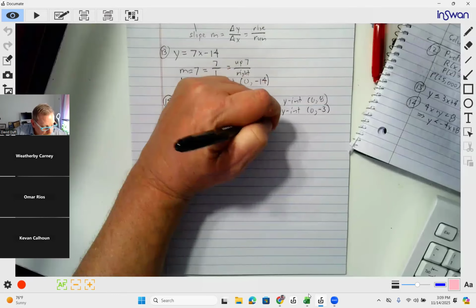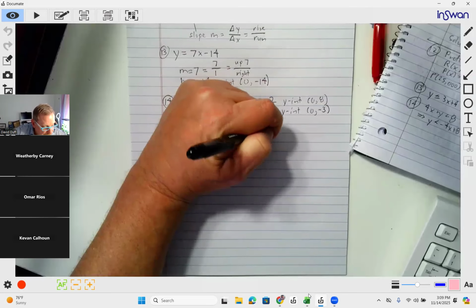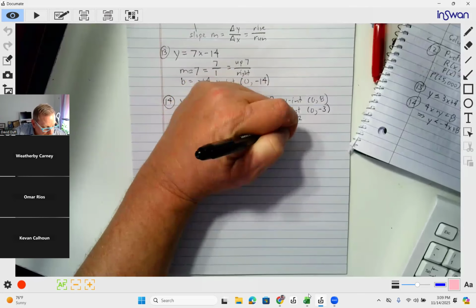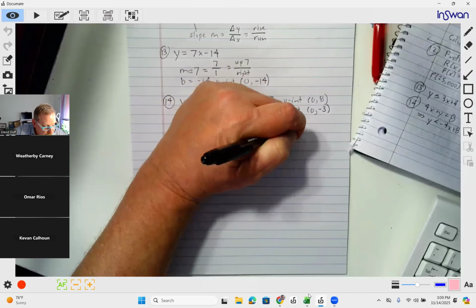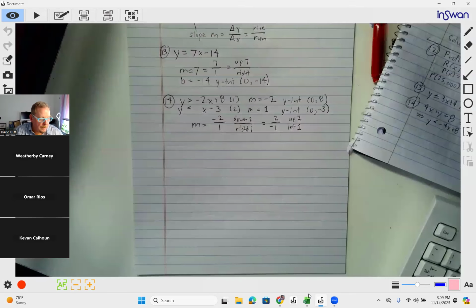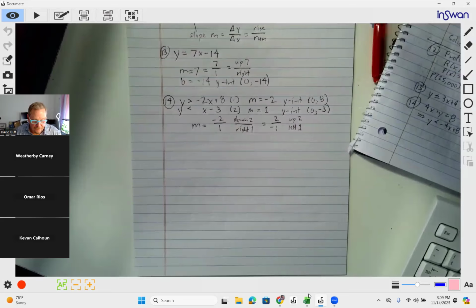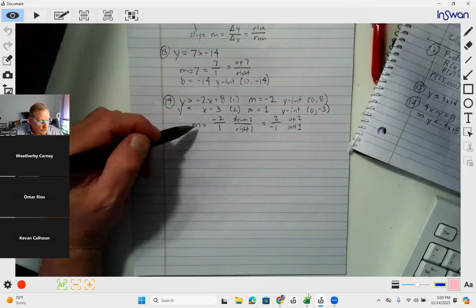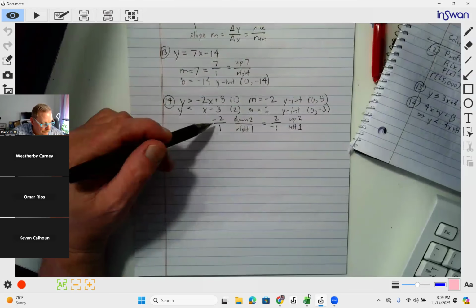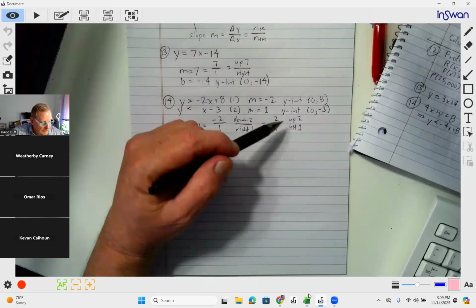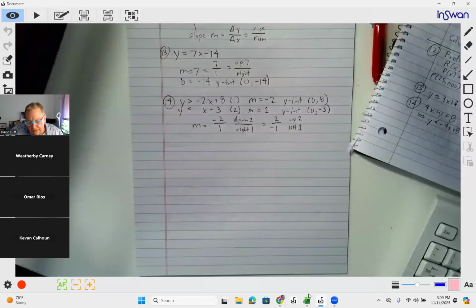Or you could go up 2 and left 1, just as long as only one of them is negative. If they're both negative, it's positive, right? So when you have a slope of negative 2, that either means down 2, right 1, or up 2, left 1. How do you make that decision?